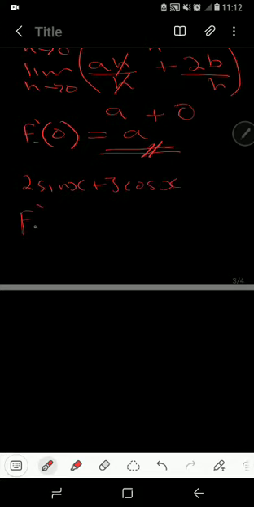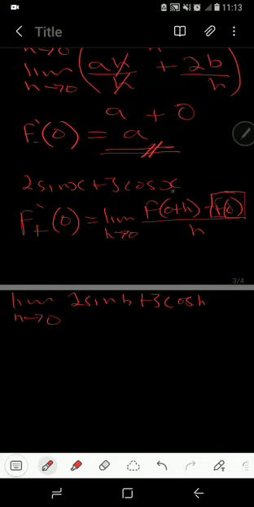For the right derivative, the right function we have is 2 sine x plus 3 cos x. So f prime, the derivative of f at x, is equal to the limit as h approaches 0 of f at 0 plus h minus f at 0 over h.